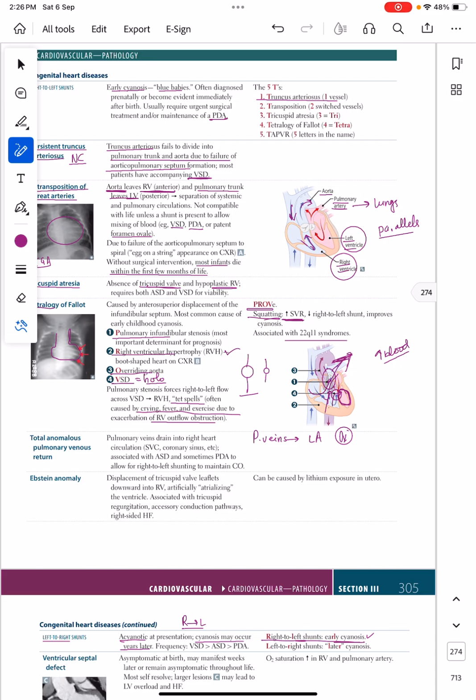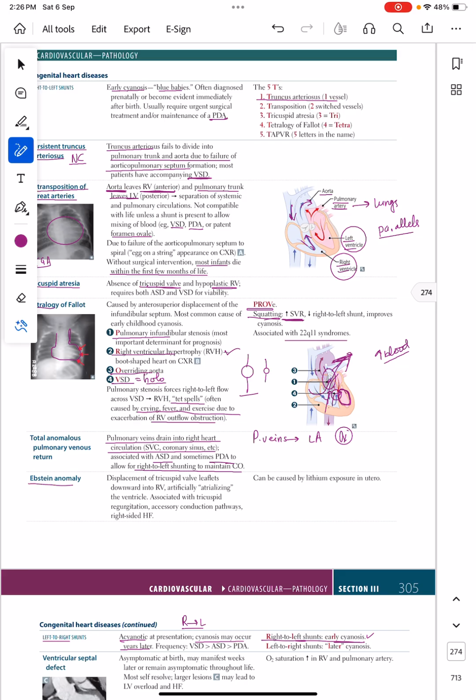This way the right atrium and the right ventricle keep on dilating. It is associated with an ASD or sometimes a PDA to allow the right to left shunt and maintain the cardiac output. But that also decreases the oxygen content because mixing occurs.